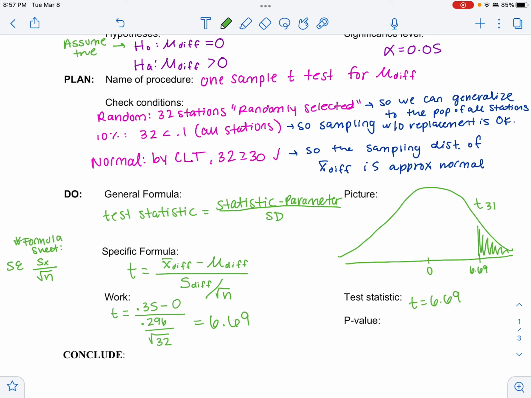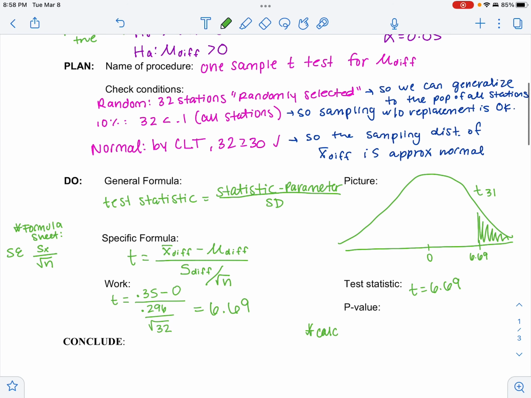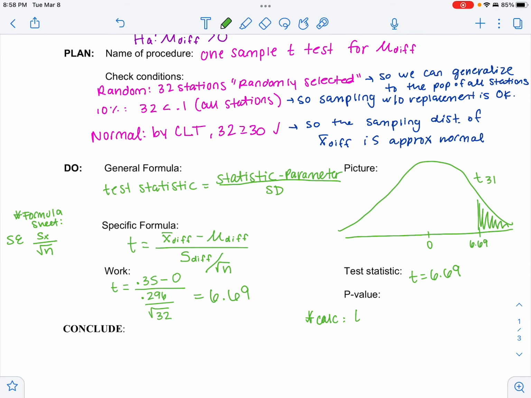And the p-value, well, in order to find the p-value, I'm going to use my calculator. And so in my calculator, remember, I'm using the function tcdf, and I'm doing the lower, comma, upper, comma, degrees of freedom. For this one, because we shaded above, the lowest point of our shading is our test statistic, and the highest, we're just going to make a really high value, so that way it continues to the right along this distribution.